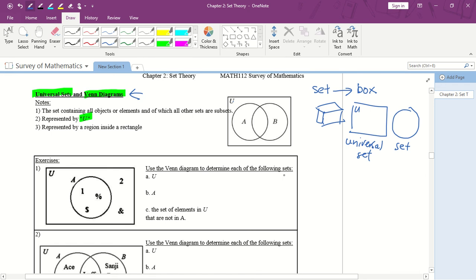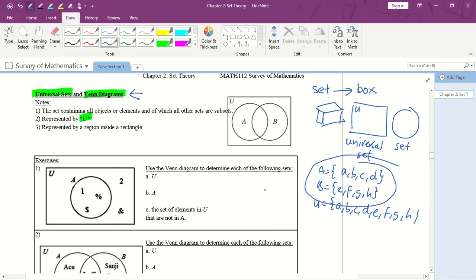So for example, set A has A, B, C, D. Then set B has E, F, G, H. So if they ask you what the universal set is, the universal set will be A, B, C, D, E, F, G, and H. It contains everything in A and B, because this is the biggest box that contains every box and every element inside.